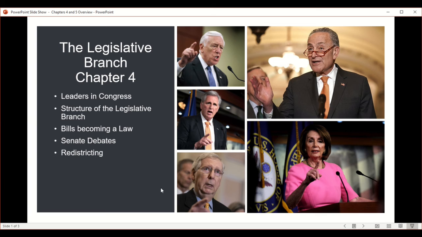Then we'll close the chapter by looking at what is involved with the census, which happens every 10 years, and how it impacts redistricting, especially congressional redistricting, which determines how many representatives we have in a particular state or district, and it impacts not only the federal level but also the state level.